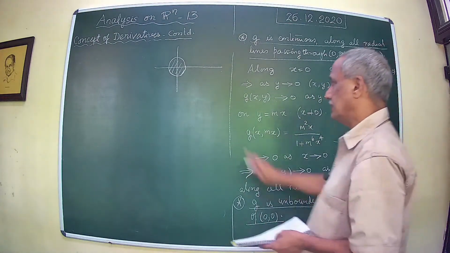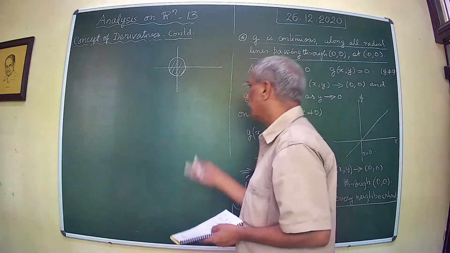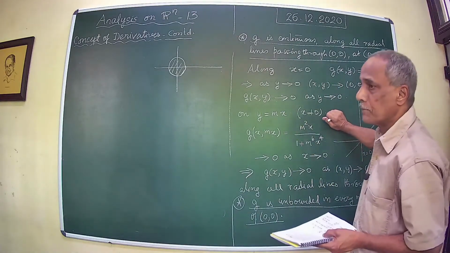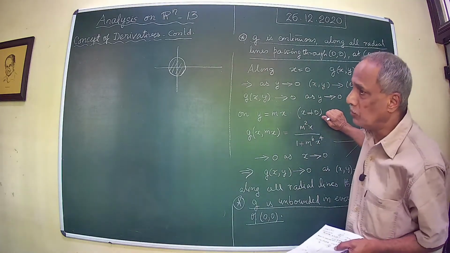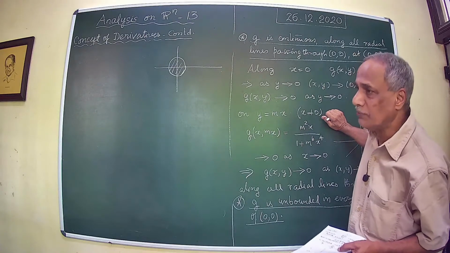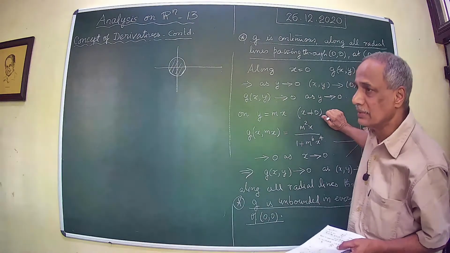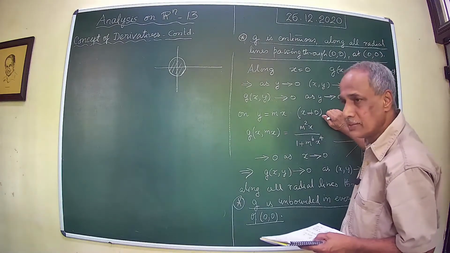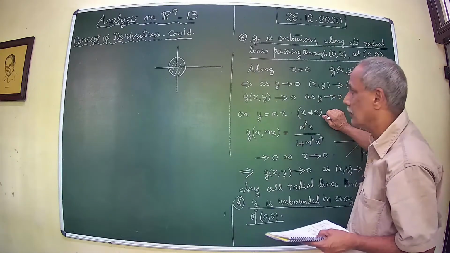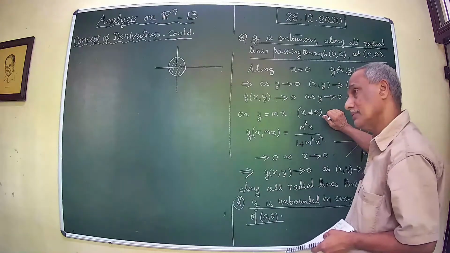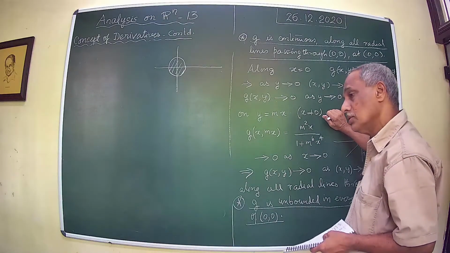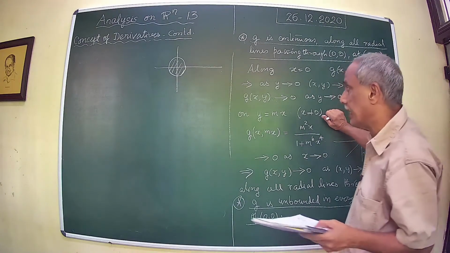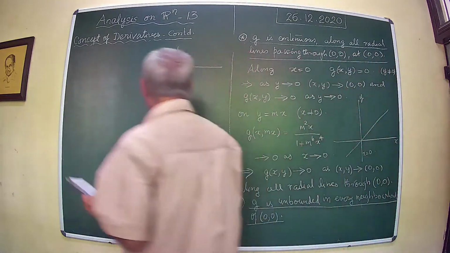You know that at 0, 0 it is defined as 0, elsewhere it is defined as a ratio of two polynomials. To show that it is unbounded, it is enough to show that there is some path along which the function remains unbounded. So that you cannot claim the function is bounded in the entire neighborhood. So let us do that.